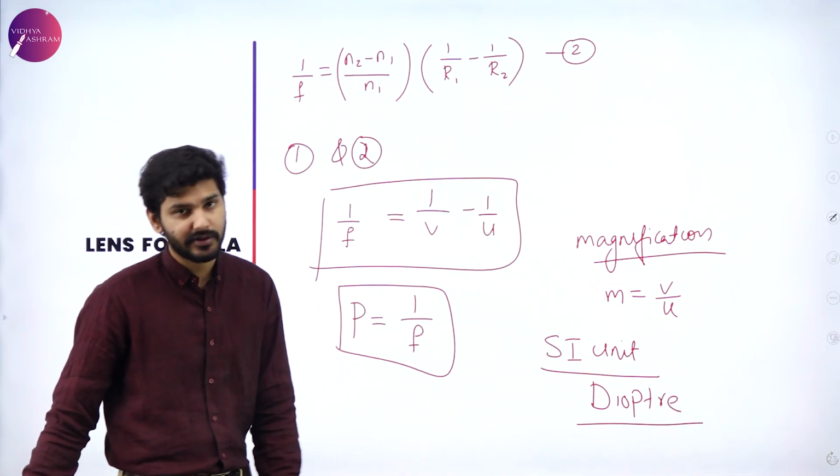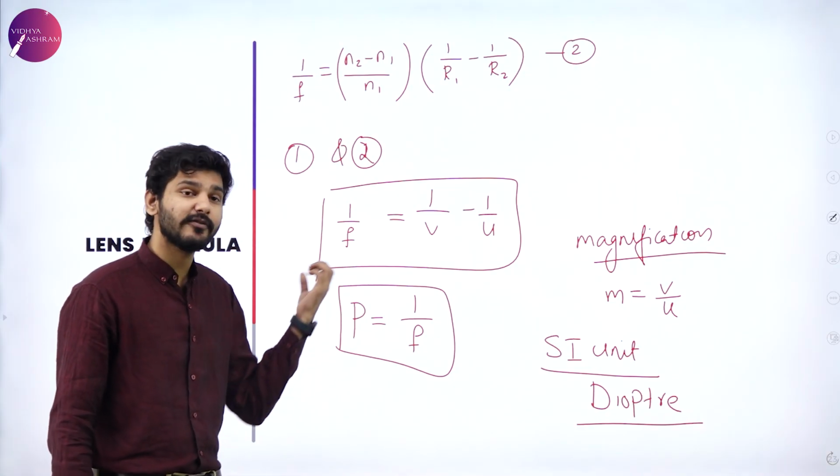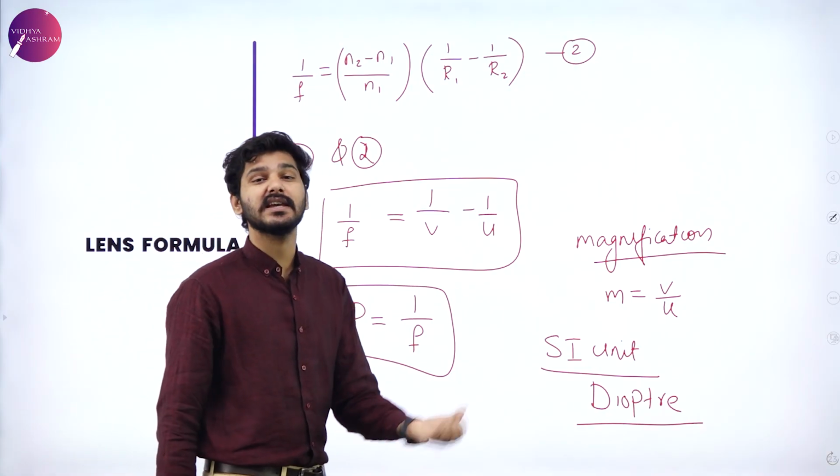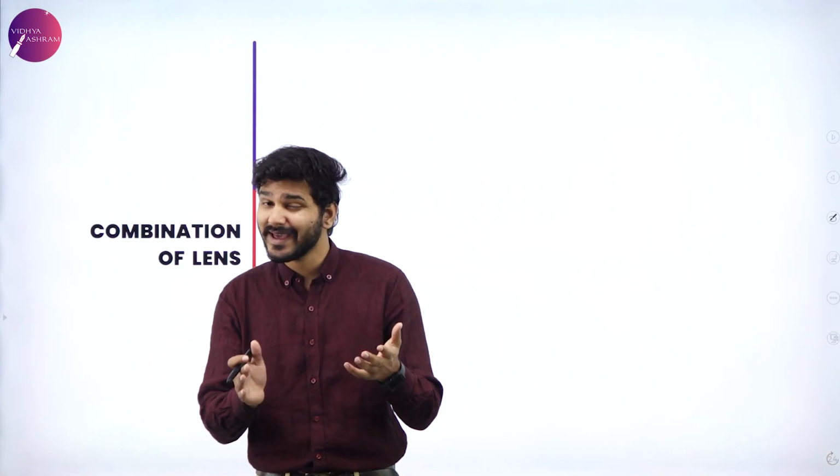Diopter is the SI unit of power, and power is defined as the reciprocal of focal length expressed in meters. So that is all about the lens maker's formula and lenses.